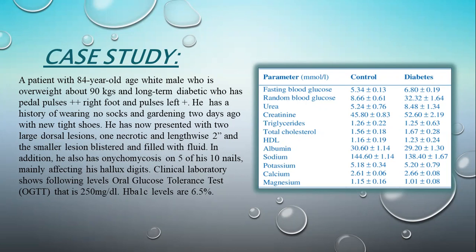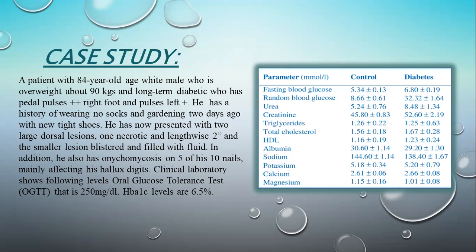In the clinical laboratory, the levels show that he is suffering from severe diabetes. His OGTT level is 250 milligram per deciliter, and HbA1c level is 6.5%, which is beyond the limit.